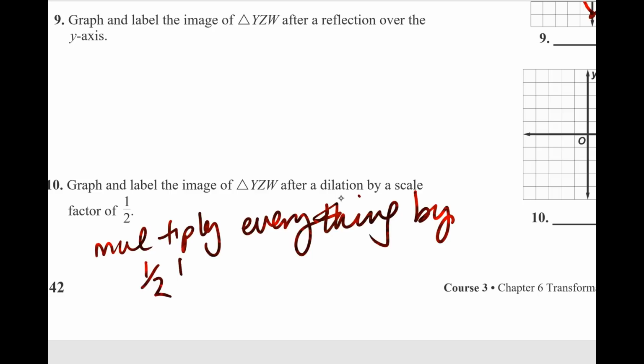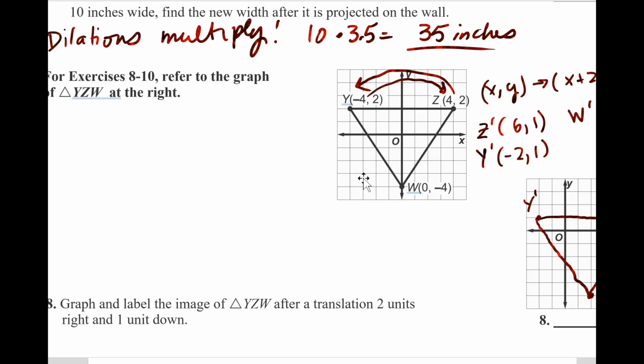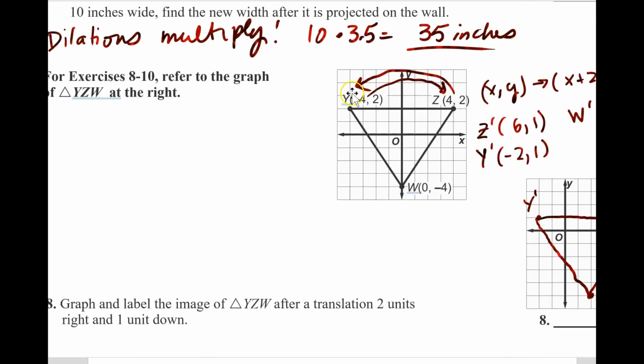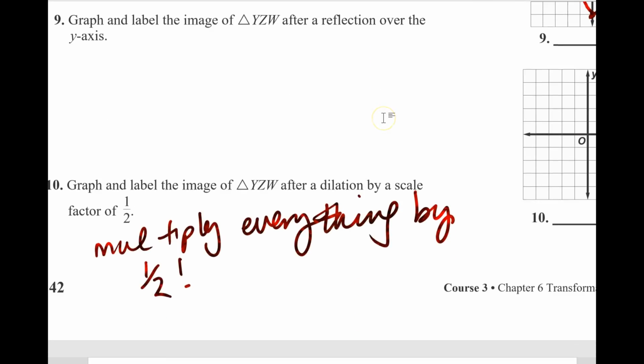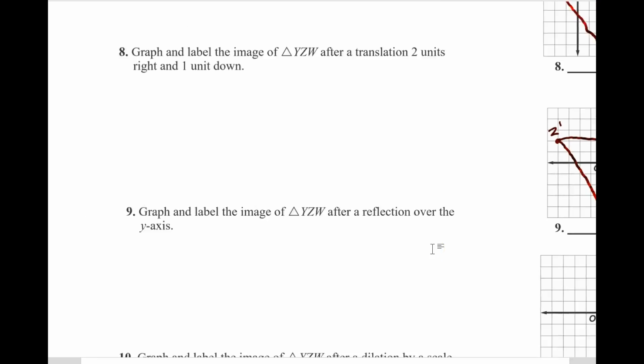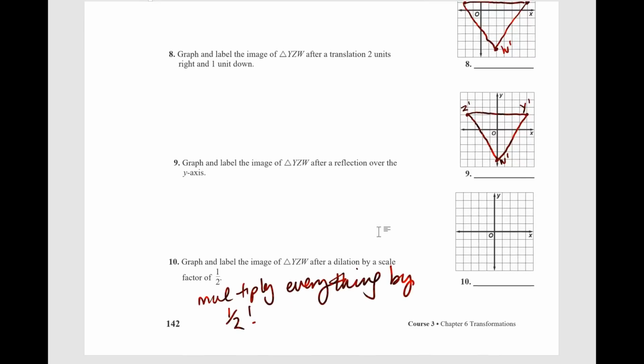Multiply everything by 1/2. All right. And so we come back up here, and we take 1/2 of everything. So that's negative 4, 2. I'm just going to refer to my old image. But you know that Y is here and Z is here. Let me shrink this.